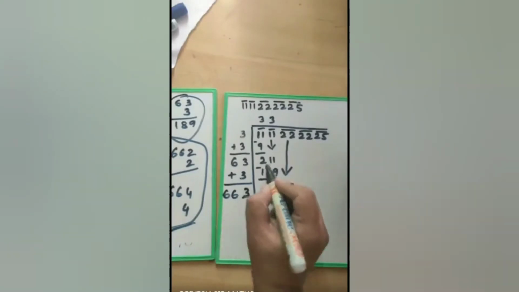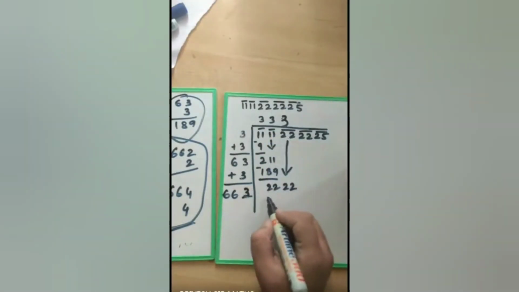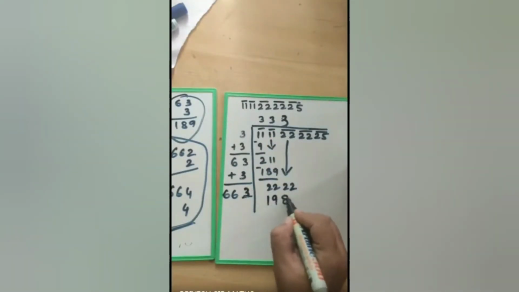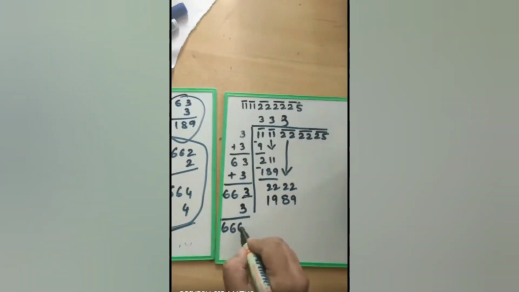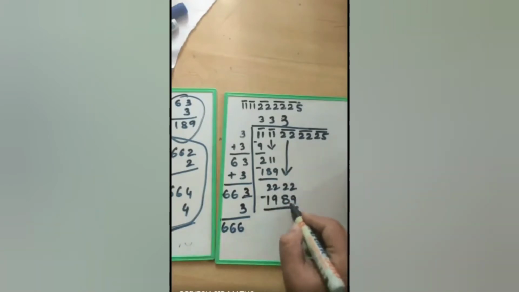Here 3 3s are 1989. Here it becomes 666. When you subtract it, what answer do you get?